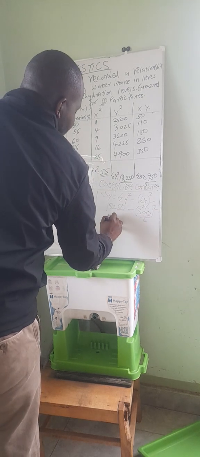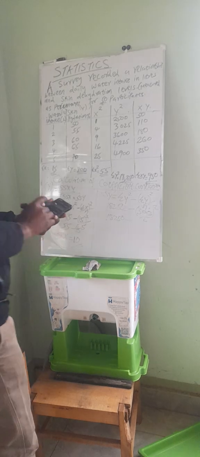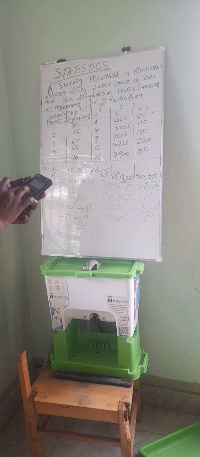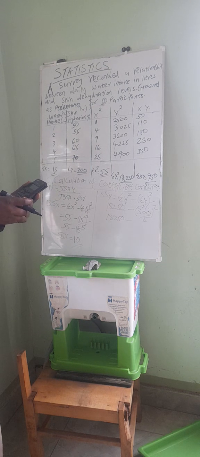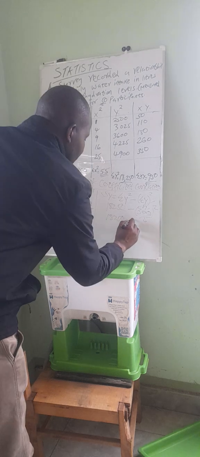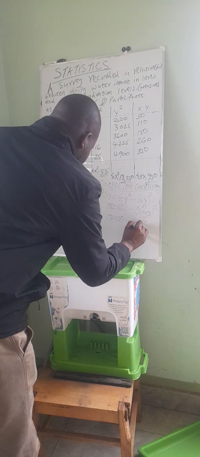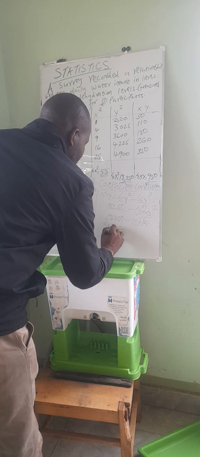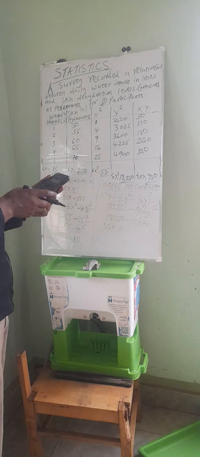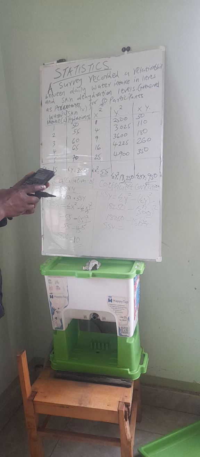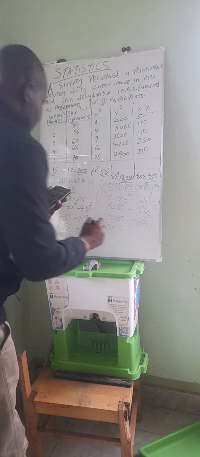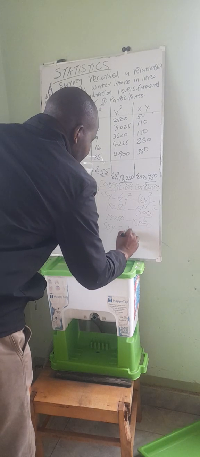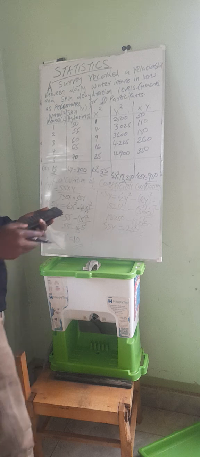What will you get? 18,250 minus 300 square is equal to 90,000, sorry. You divide by 5, you get 18,000. And you will get your SSY to be 18,250 minus 18,000, you get 250.